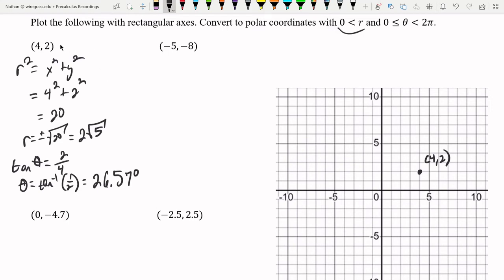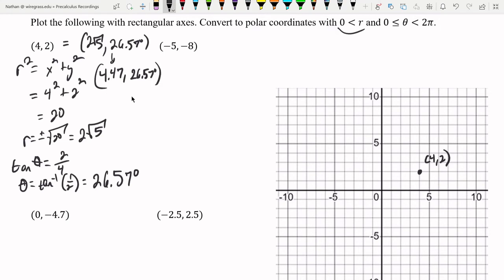So rectangular is the same thing as 2 root 5, 26.57 degrees. Of course, we've approximated the angle, so let's go ahead and approximate the radius. 2 times root 5 is going to be about 4.47, and 26.57 degrees.